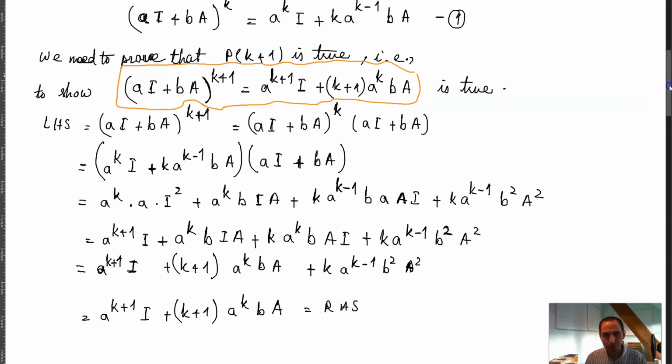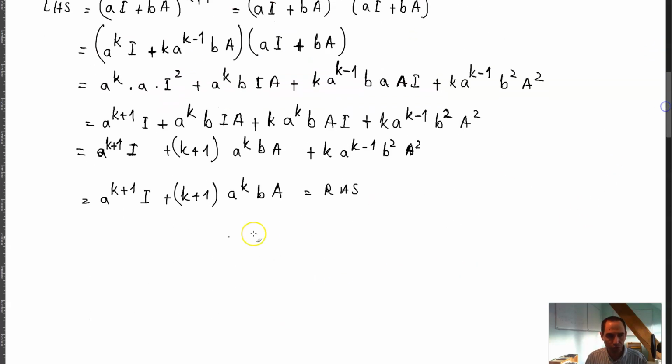And therefore P of K plus 1 is true. Right? Since P of K plus 1 is true, so the result is true for n is equal to K plus 1.